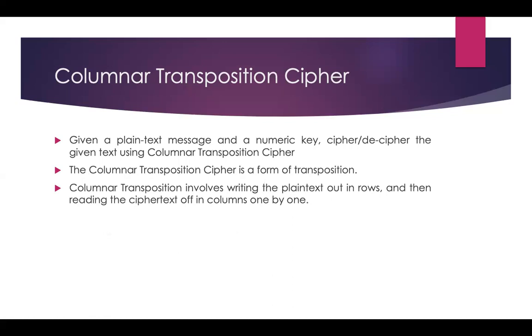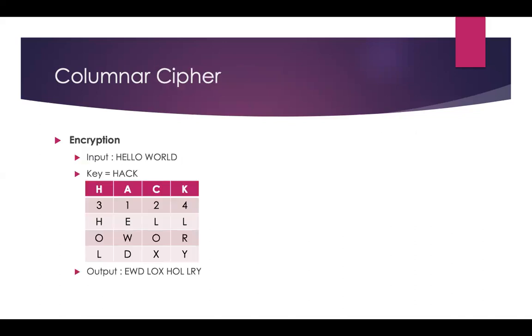Here also, a plain text message will be given as an input, and then we will have a numeric key, and finally we will cipher and decipher the given text using the columnar transposition cipher. Columnar transposition involves writing the plain text row-wise and then reading the cipher text column-wise, one by one. We'll see this with an example.